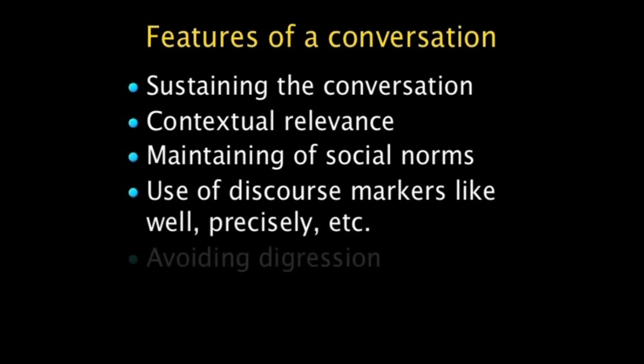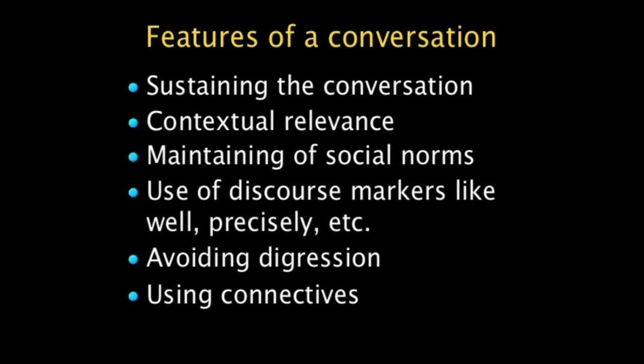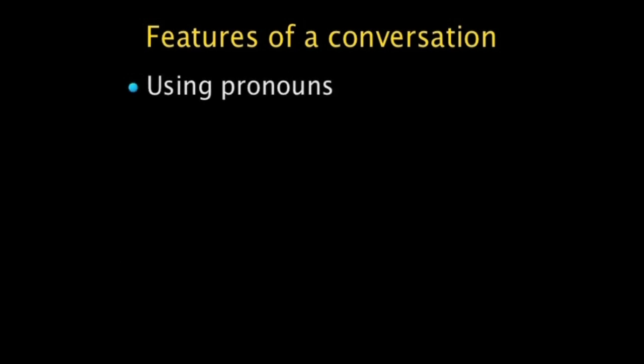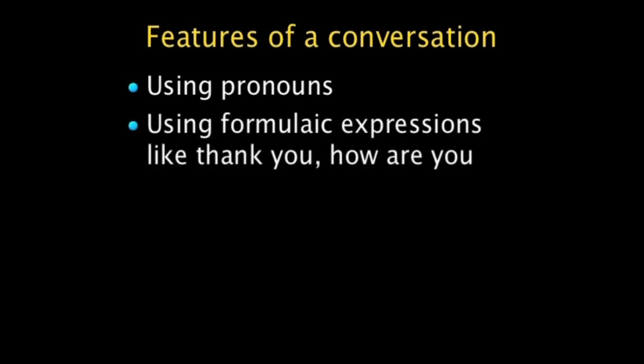Now, avoiding digression and using connectives wherever necessary, and using pronouns, and using formulaic expressions like thank you or how are you. So these are all features of a conversation.